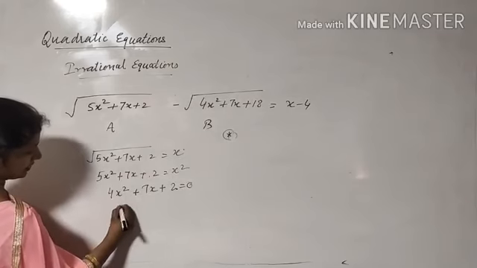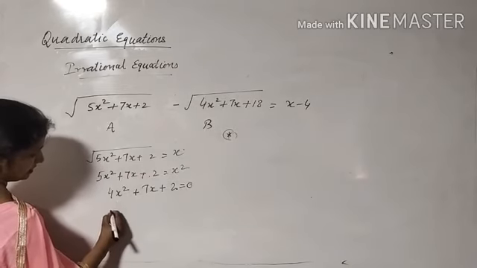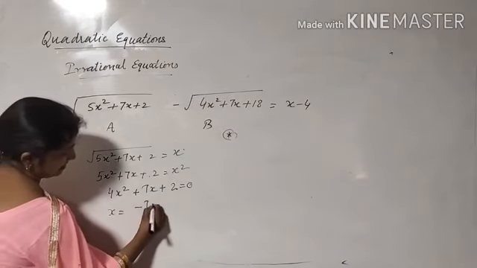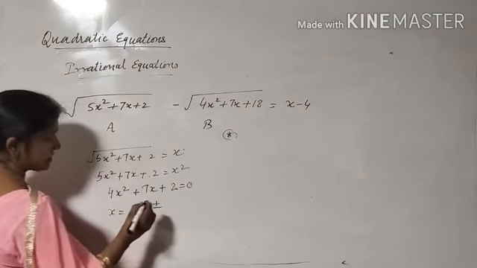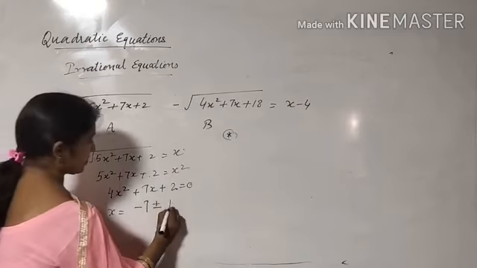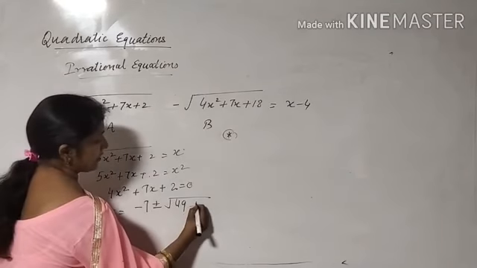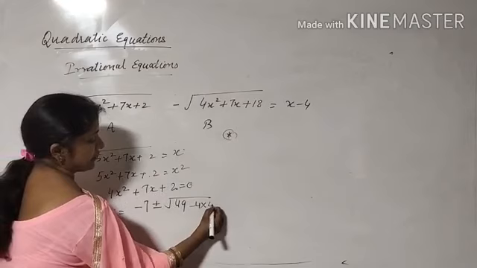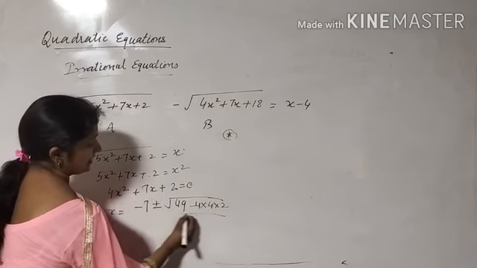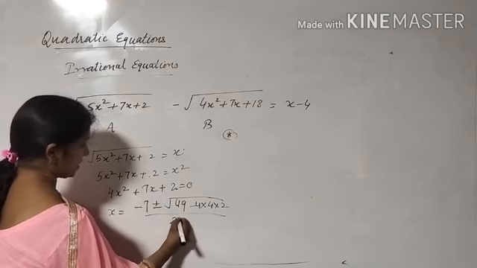So we can do it with the help of the formula. You will get x is minus 7 plus minus under root of b square minus 4ac, that is 49 minus 4 into 4 into 2, divided by 2 into 4.